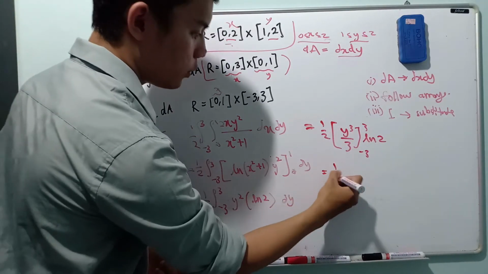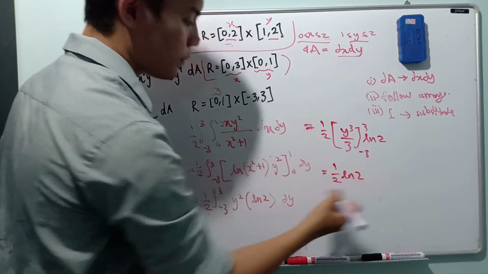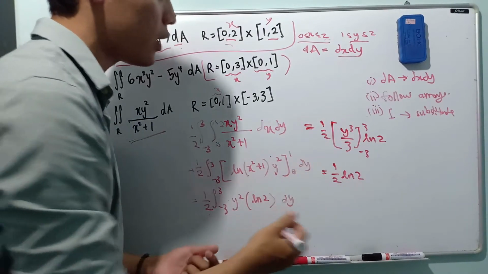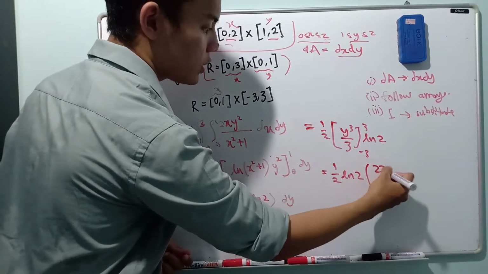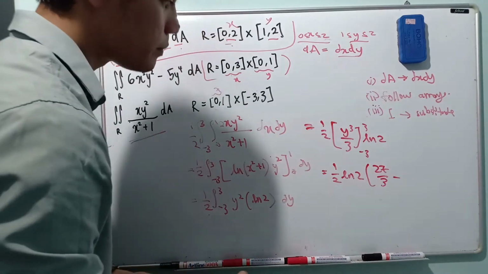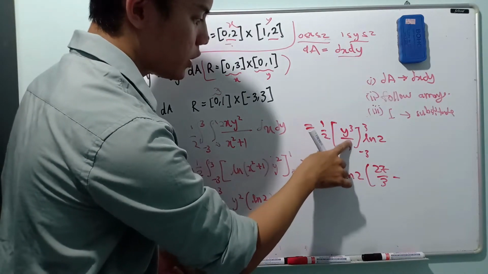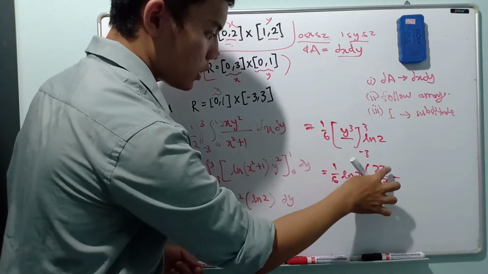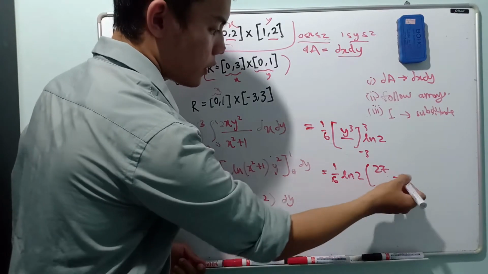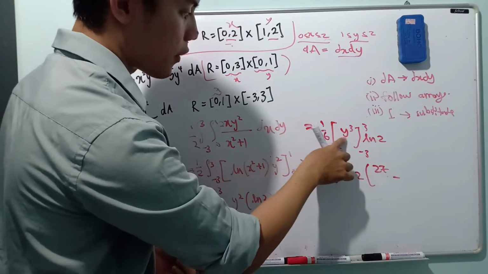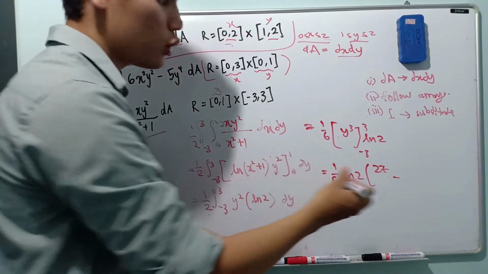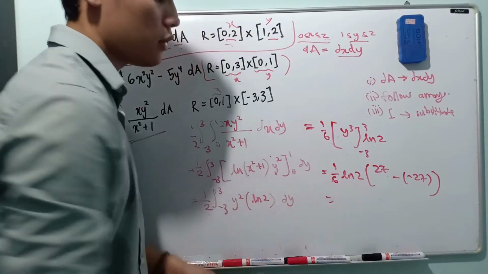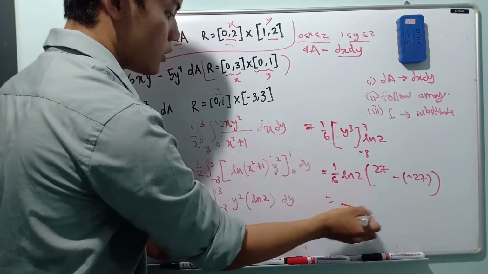Then I substitute: 3 cubed is 27 over 3, and I can just bring this 3 out. Then minus negative 3 cubed, which is negative 27. Then you can just get the answer.